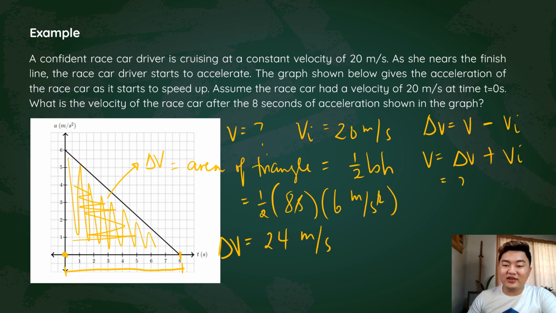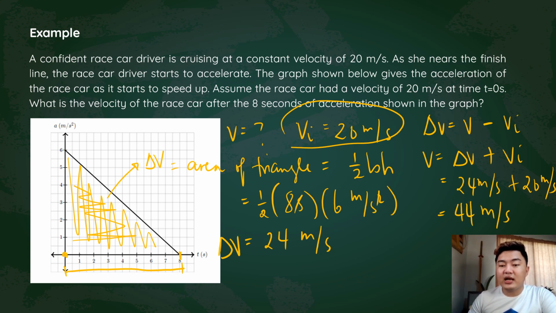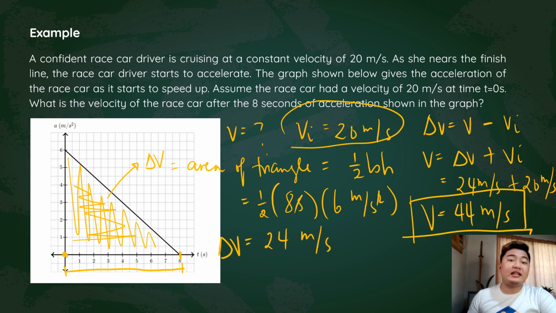So the change in velocity is 24 meters per second plus 20 meters per second, given by this one. And our answer will be 44 meters per second. So this is our final answer. So the velocity of the race car after 8 seconds will be 44 meters per second.